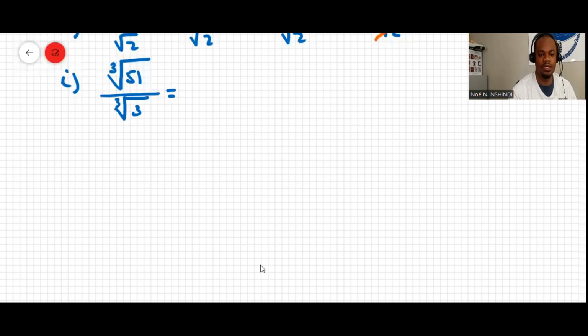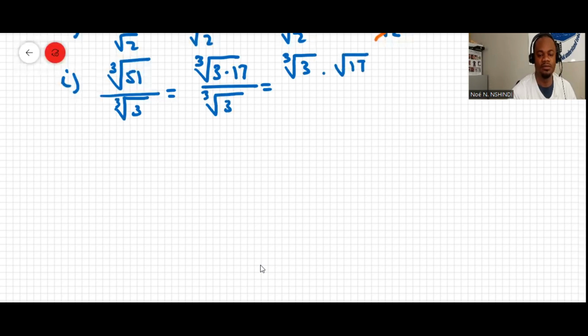So it's going to be cube root of 3 times 17, all over cube root of 3. This can be written as cube root of 3 multiplied by cube root of 17, all over cube root of 3.